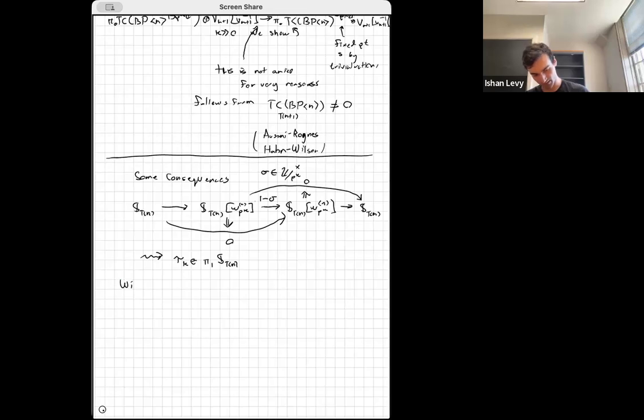And so with Robert Burklund, Shachar Carmeli, Jeremy Hahn, Thomas Schlank, and Leo Yanovski, we show that these tau k's are actually linearly independent, even mod p, for k sufficiently large.